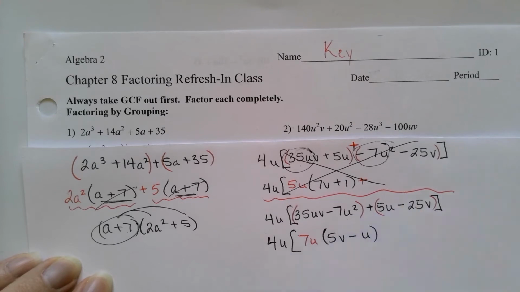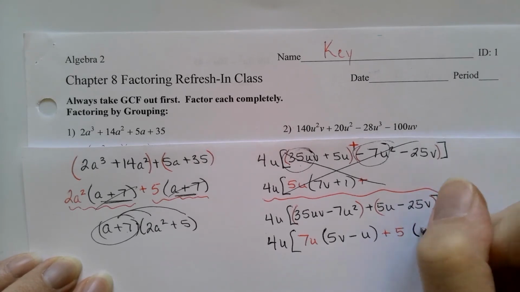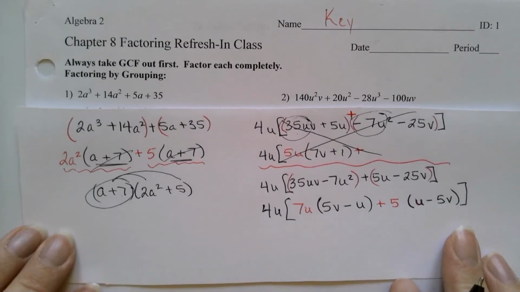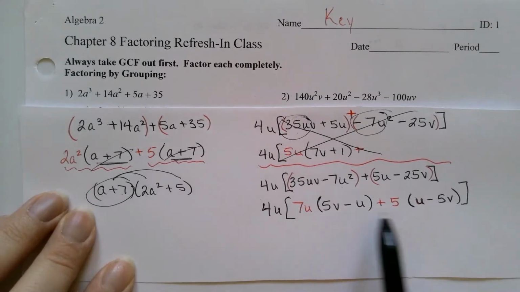Okay, get my parentheses there. What can I take out of here? Well, I can take out a 5. Now, when I take out that 5, I'm left with a u and a negative 5v. And I'm looking at that and I'm having a little problem, because what I want is for what's in parentheses to be the same.